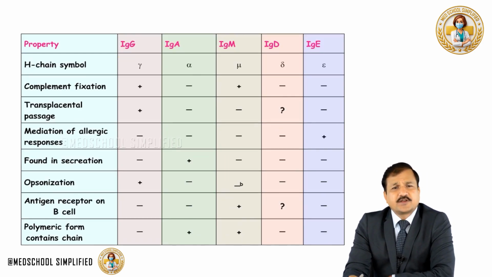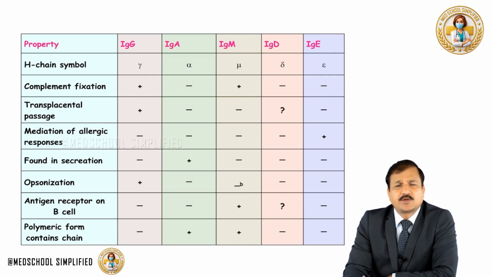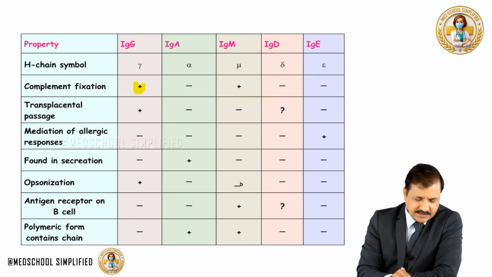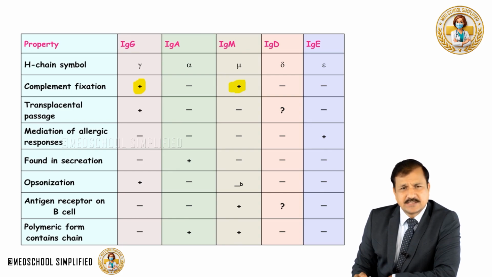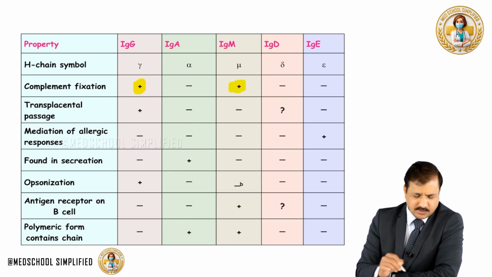Coming to complement fixation ability, only 2 immunoglobulins have complement fixation ability, and that is IgG and IgM. And the transplacental passage or transfer happens only with IgG.